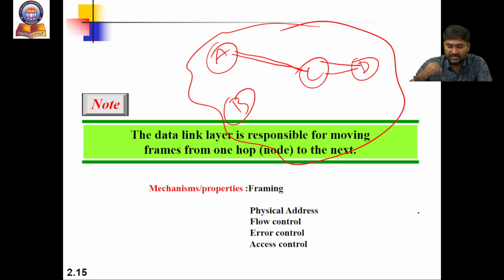The data doesn't go directly to the D system. It goes to C and from C to D.